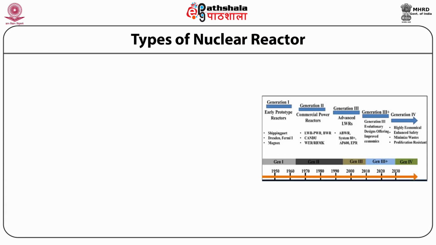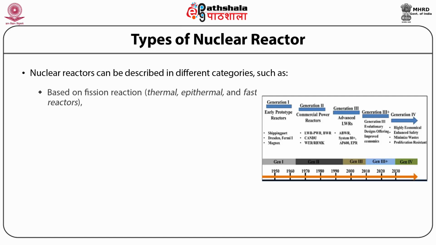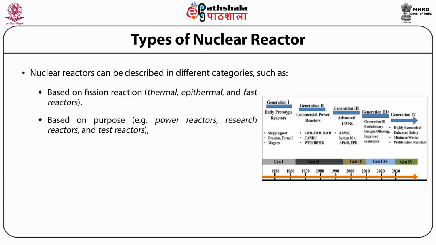Types of nuclear reactor. Nuclear reactors can be described in different categories such as, number 1, based on fission reaction: thermal, epithermal and fast reactors. Number 2, based on purpose, for example, power reactors, research reactors and test reactors.